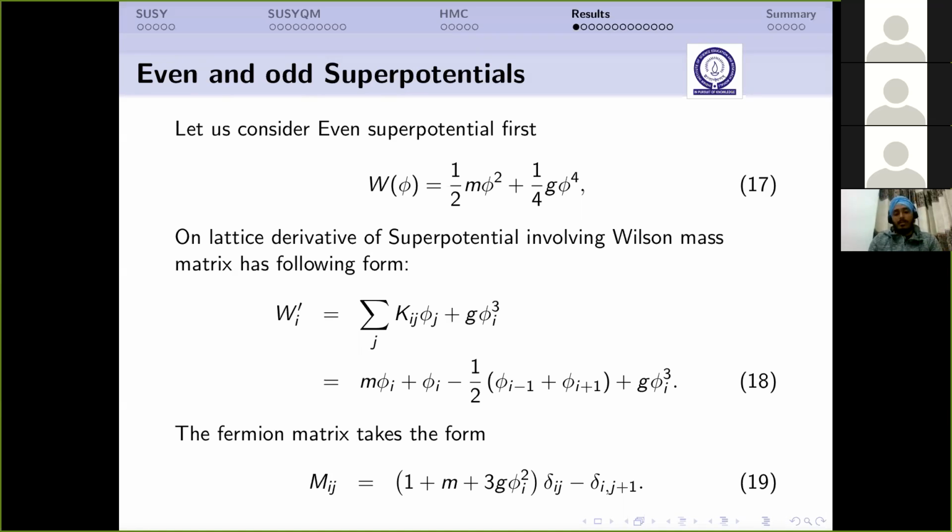In that case, we cannot trust our results, so we need to make sure. In this case, we know M is positive and G is positive, so the fermionic matrix is always greater than zero. That is positive definite. But in certain cases, when we take odd superpotentials, we need to make sure that this happens.